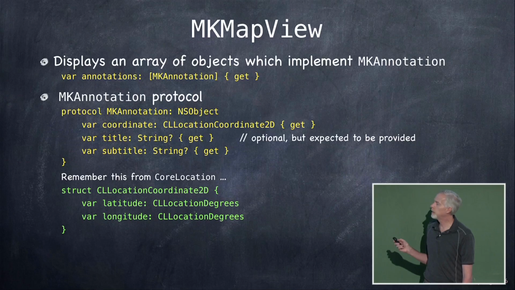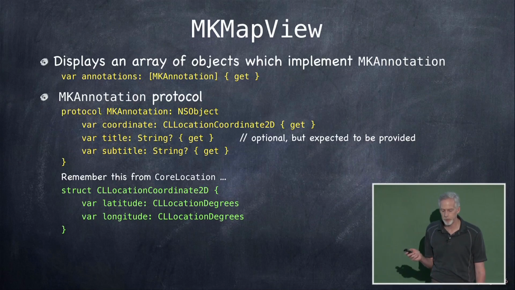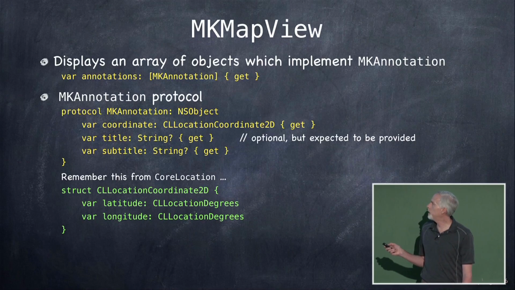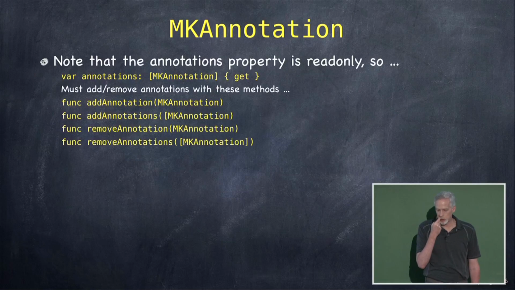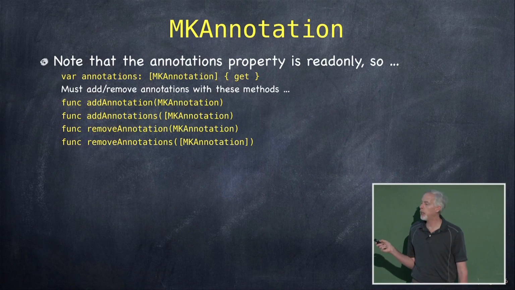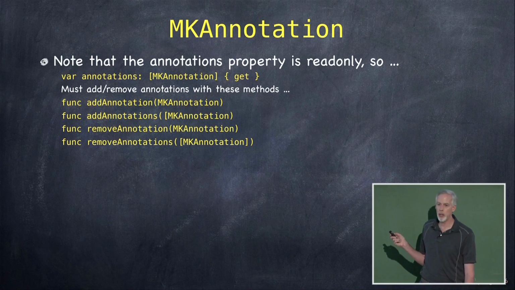They're all get-only, see? Var title is an optional string, by the way, but it's really expected to be implemented. Don't ever leave this nil, or the system does not like that. I'm not sure why it's optional. It shouldn't be. And then the coordinate, remember, that's the CLLocationCoordinate2D, latitude and longitude. So that's it. It's got this array of annotations, but you notice this array is read-only.